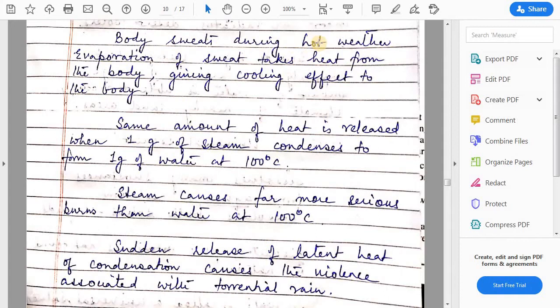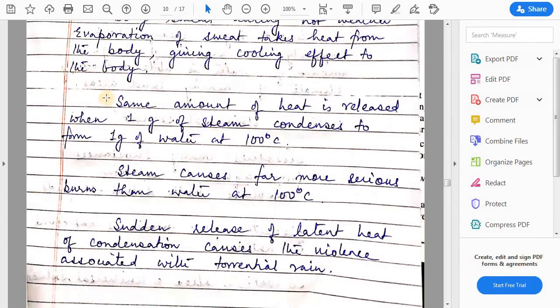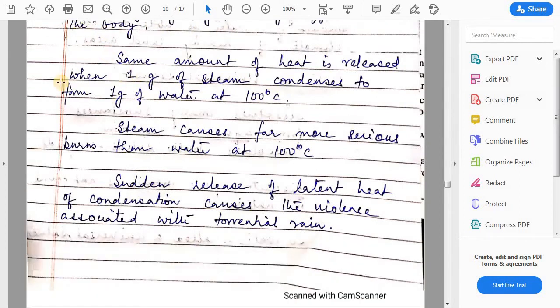Body sweats during hot weather. Evaporation of sweat takes heat from the body, giving the cooling effect to the body. The same amount of heat is released when 1 gram of steam condenses to form 1 gram of water at 100 degrees Celsius.